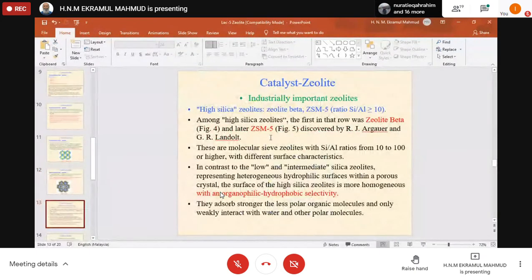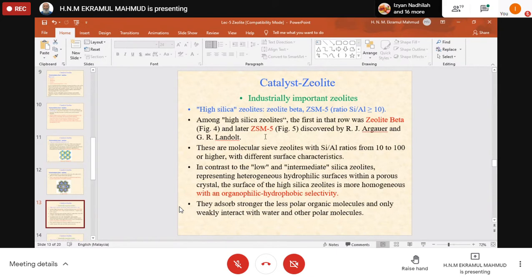So high silica zeolites, zeolite beta, ZSM5, the silica alumina ratio is very high, more than 10. That means if it is 10 to 1, we can find out their high silica properties from this.